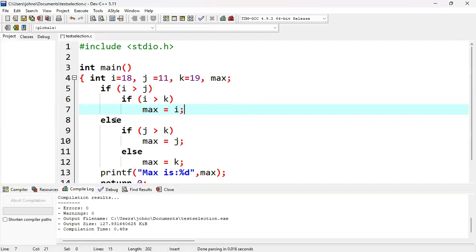So we come here and then we check if j is greater than k, which is false, we come here. And so we say max is equal to k.